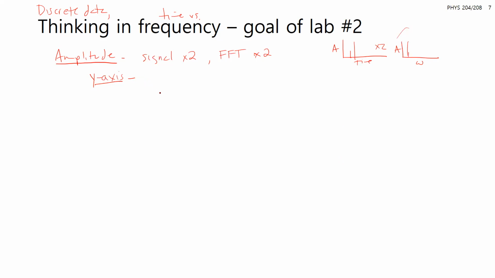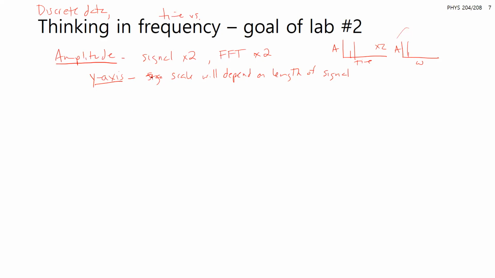So your y-axis scale will depend on the length of your signal when you're dealing with discrete data.